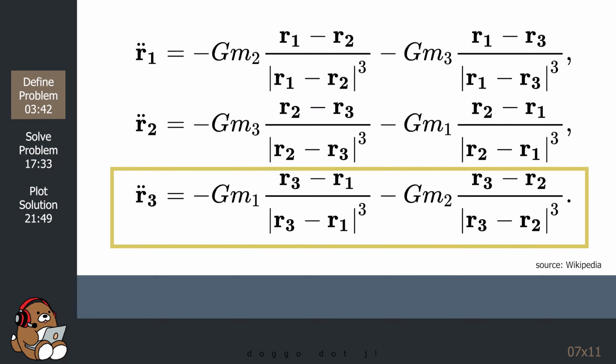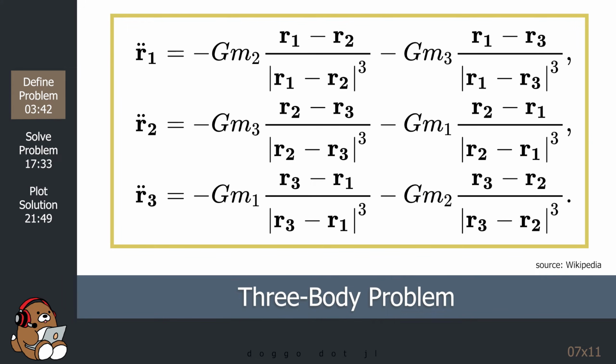And the third equation shows how the third body, with mass m3, is impacted by the gravity of the first body and the second body. These are the famous unsolved differential equations that make up the three-body problem. So the equations are known, but the analytical solution to them is not.